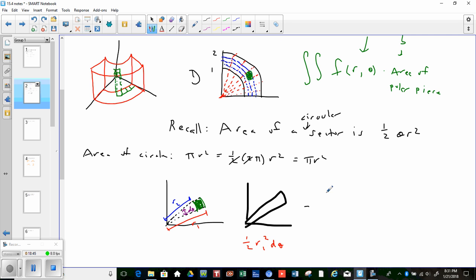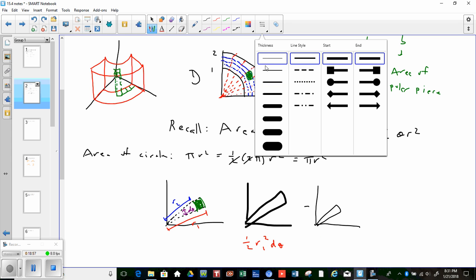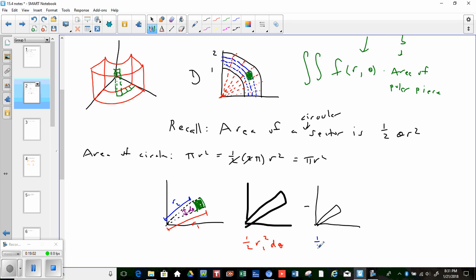minus, well, what if we took the smaller region, which maybe is this piece right here, and of course this one has to do with r2, which we did in blue. So that would be 1/2 r2 squared d theta.